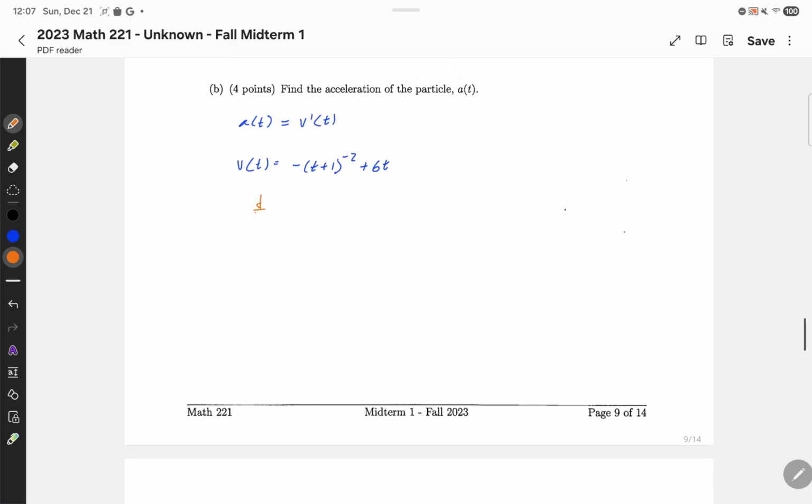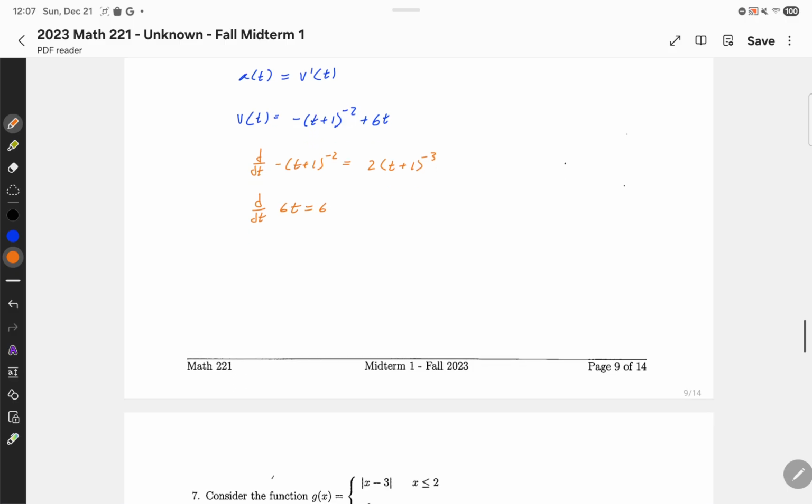So the derivative with respect to t of minus t plus 1 to the minus 2, well, this is going to be equal to, bring that minus 2 down, and this minus 2 times minus 1 turns into a positive 2 times t plus 1 to the minus 3. And of course, the derivative with respect to t of 6t is just going to turn into 6, like this.